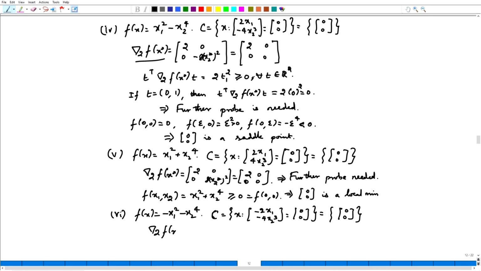Del 2 f of x star is [minus 2 0; 0 minus 8 x2 star squared], and this is [minus 2 0; 0 0].